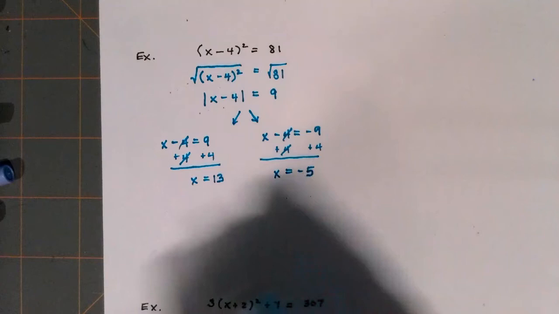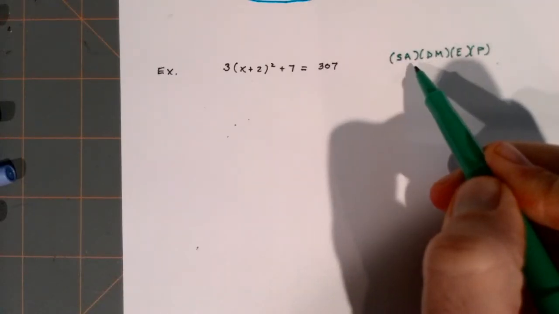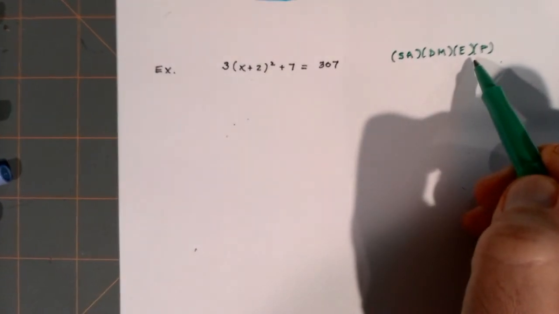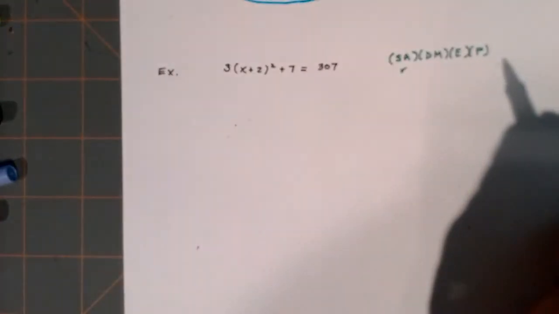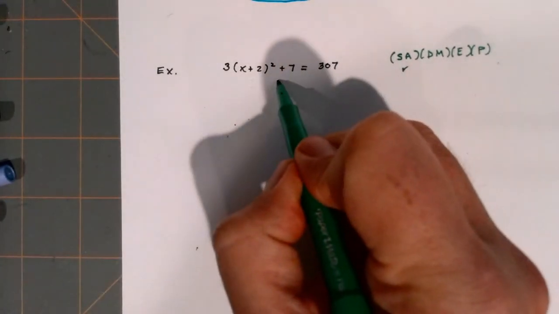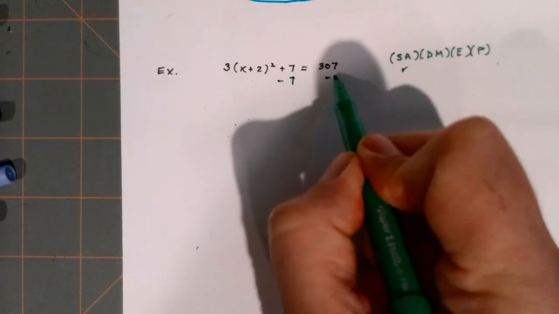So here I would take the square root of both sides. And I get x plus 2 absolute value is equal to 10.